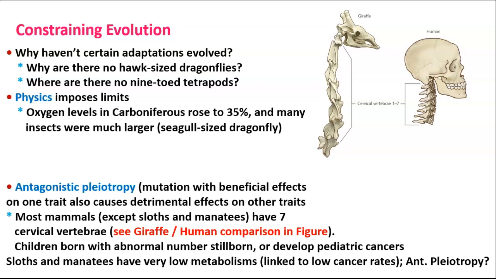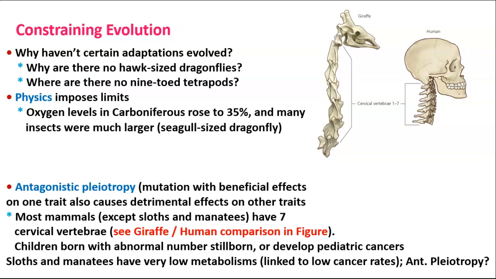Insects breathe through a system of tubes in their bodies. They can expand and contract a little bit, but it involves the diffusion of oxygen and CO2 in and out of these tubes. So that's one thing: a physical limit in terms of how oxygen can be delivered to the body.